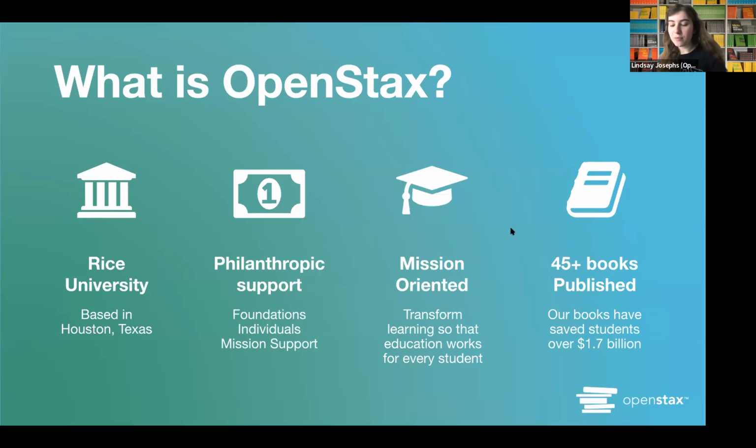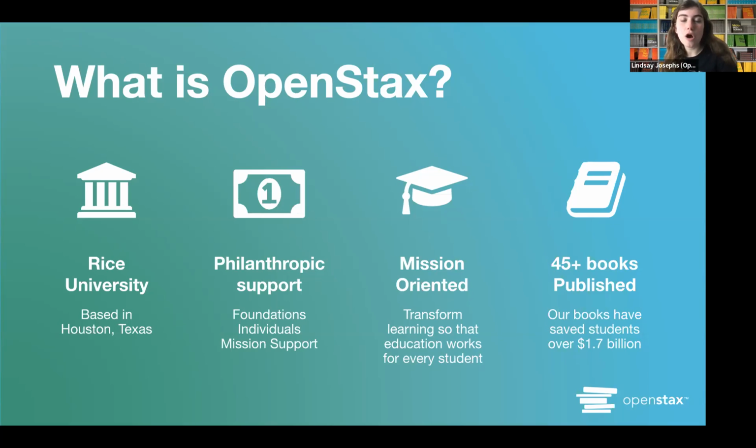So many of you are probably familiar with what OpenStax is, but if you're new to OpenStax, there's a few key things you'll want to know. So first and foremost, OpenStax is a nonprofit organization, and we're umbrellaed under Rice University, which is located in the amazing city of Houston, Texas. As we are a nonprofit, we're able to sustain our operations and create our free textbooks due to philanthropic support from foundations like the Bill & Melinda Gates Foundation, as well as from individuals who give us individual donations of like $5, $10, $15.